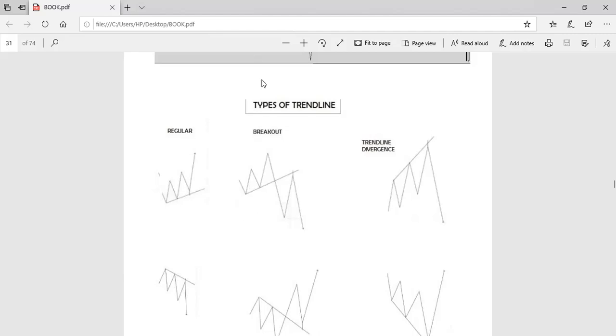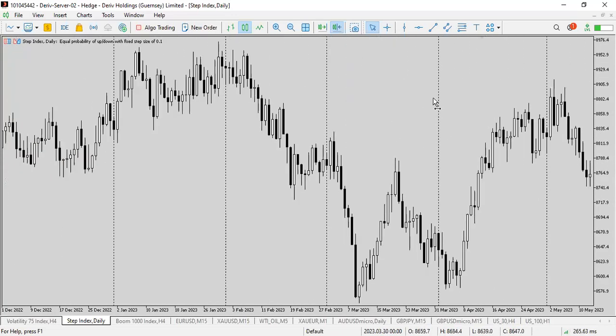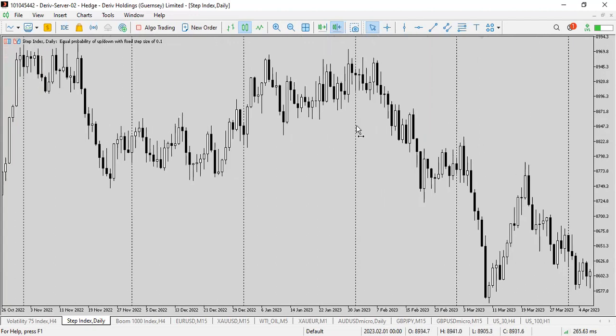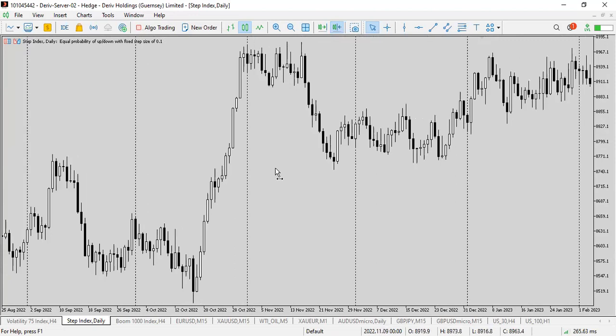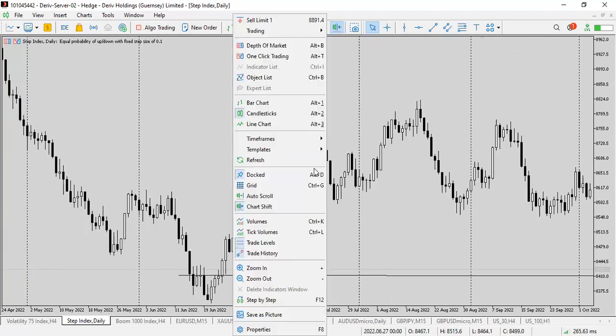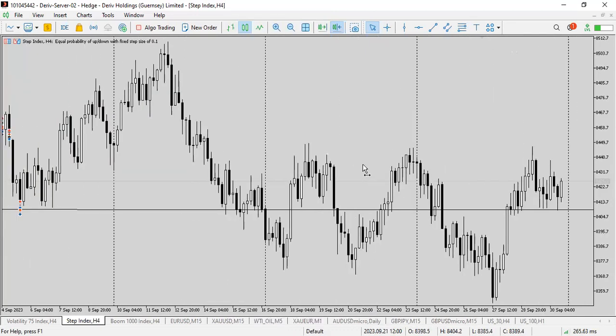So where can we find it? We can find it here. 3 steps downward. Let me check, let's check for at least 4 hours.